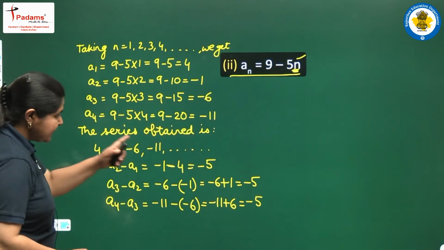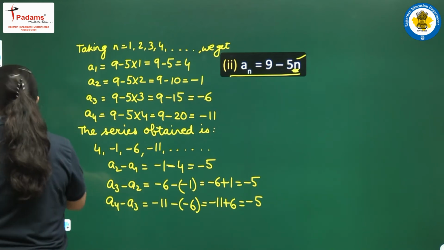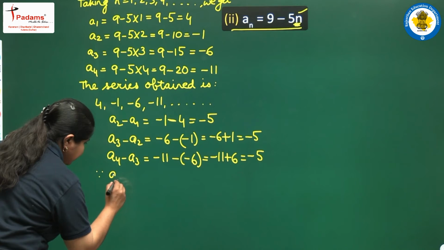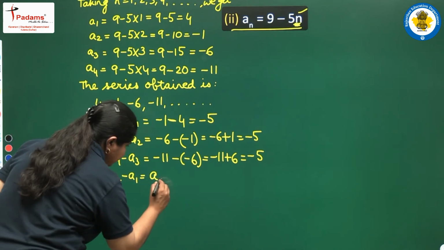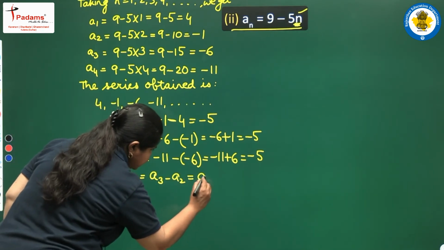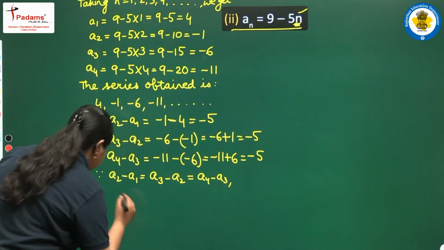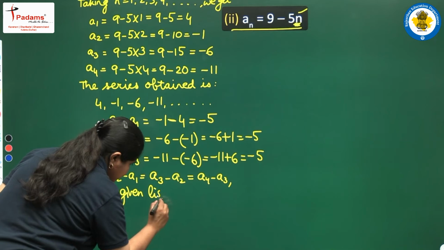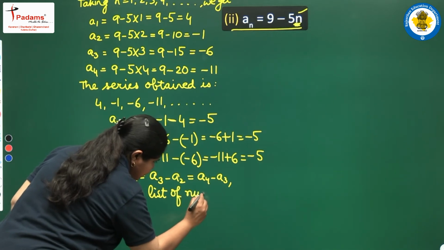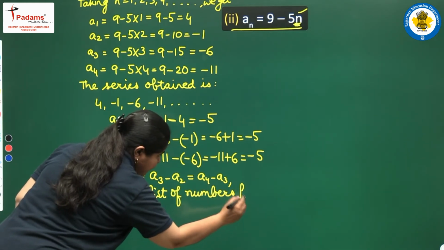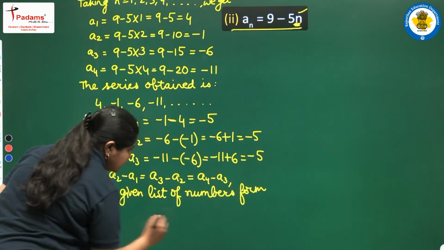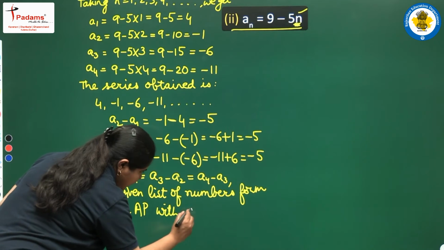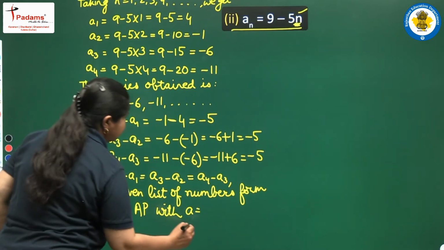So what do we see? The differences are equal, and so we can write here, since A2 minus A1 is equal to A3 minus A2 is equal to A4 minus A3, the given list of numbers form an AP. ठीक है, with first term which is given by 4 here.